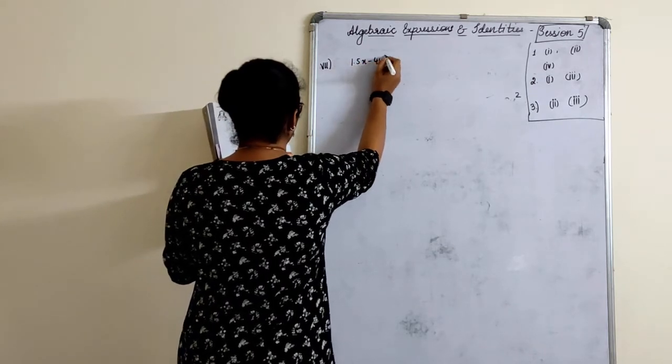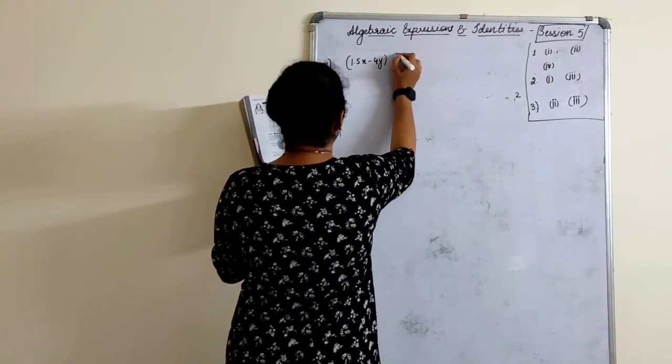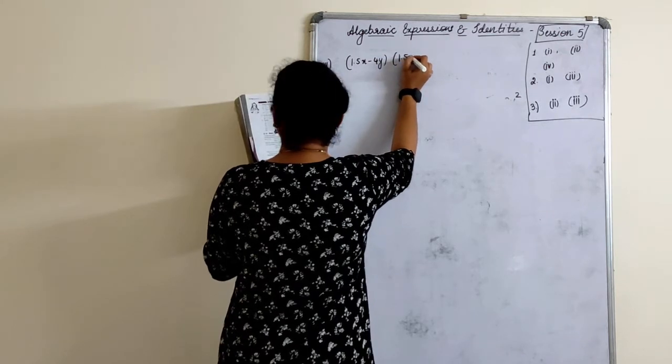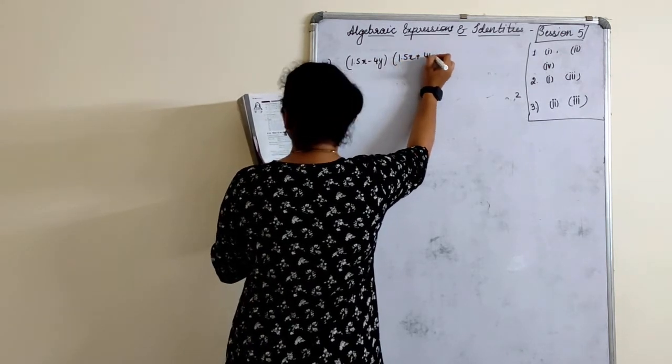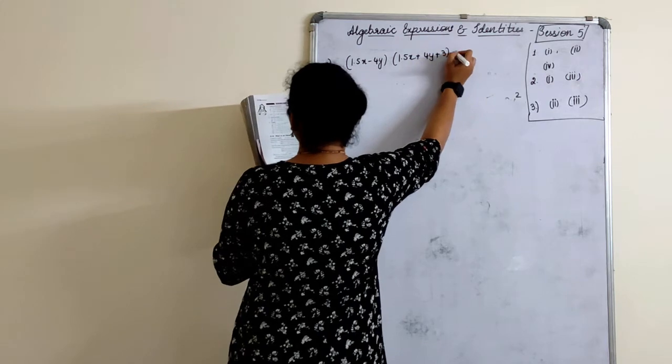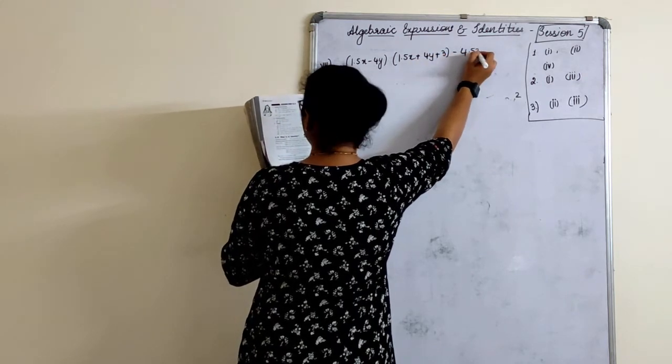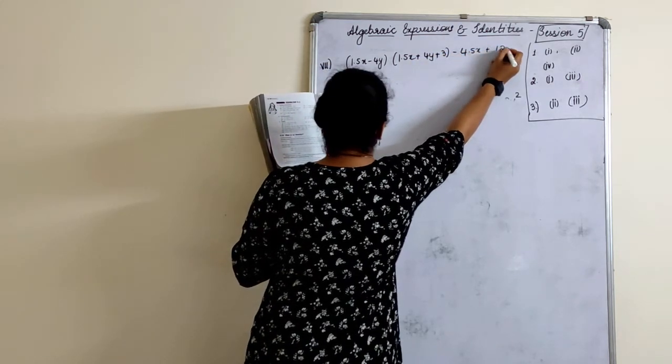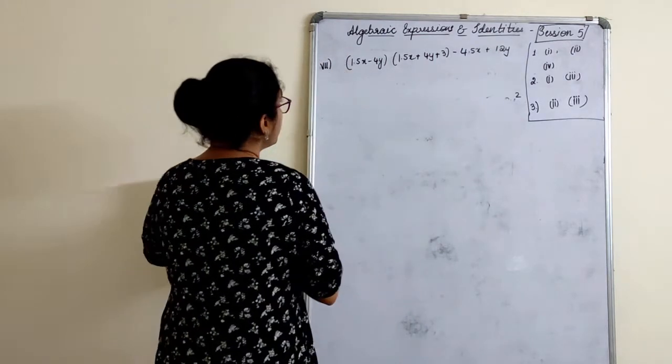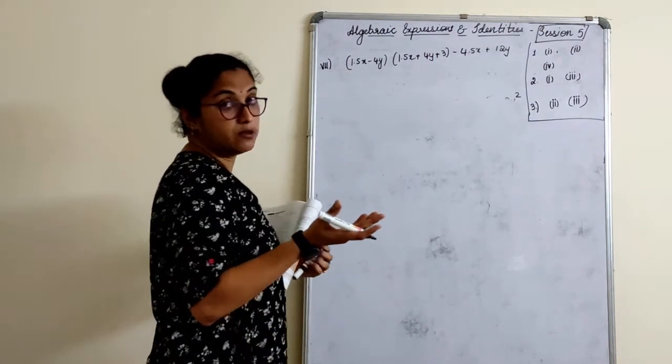1.5x minus 4y of 1.5x plus 4y plus 3 minus 4.5x plus 12y. Okay. So again, the addition part to be kept as it is.